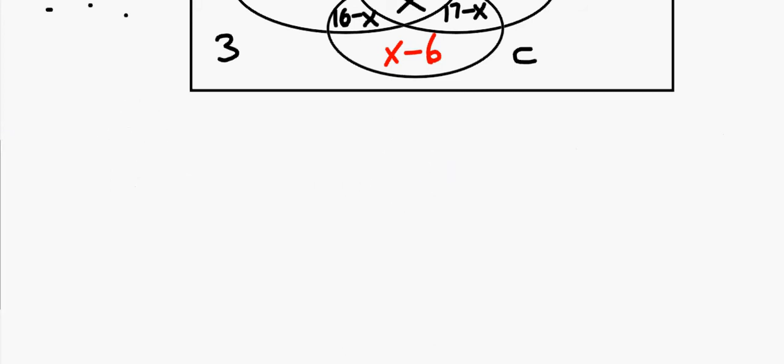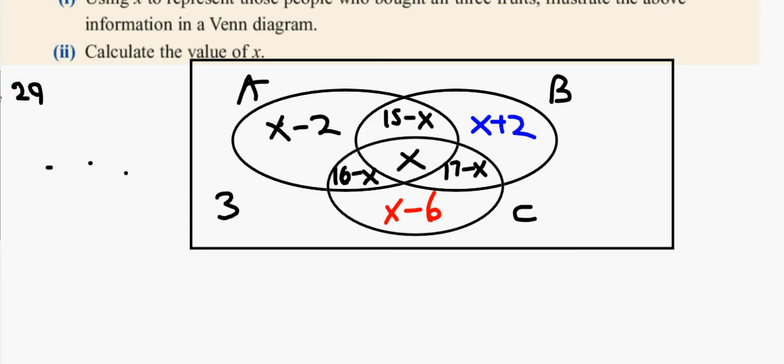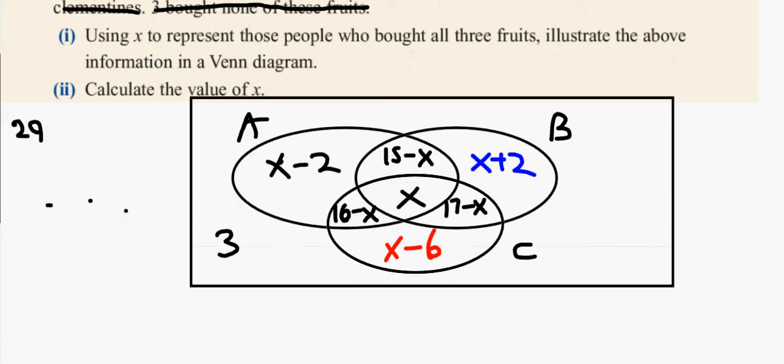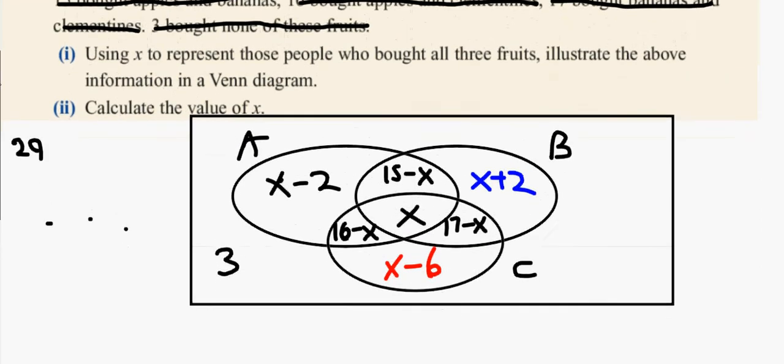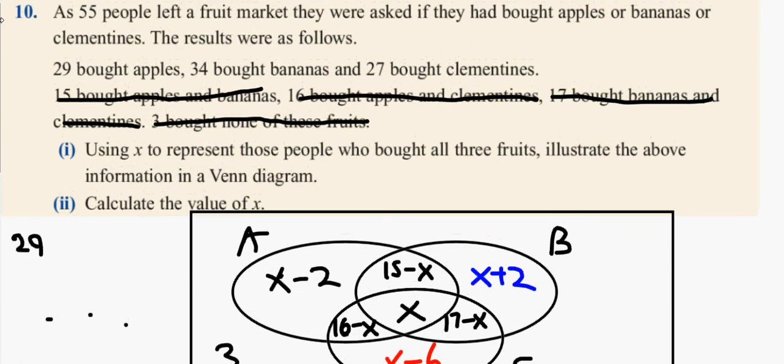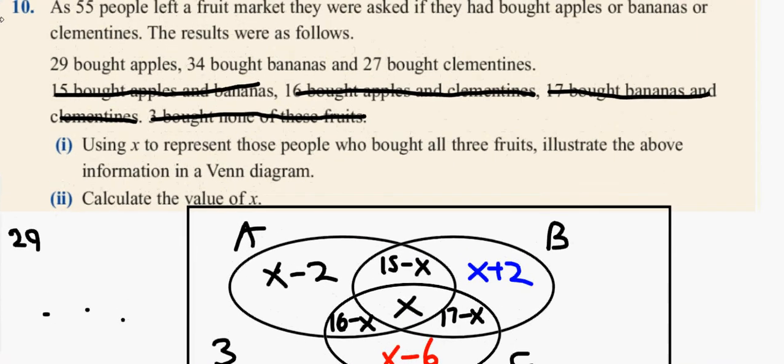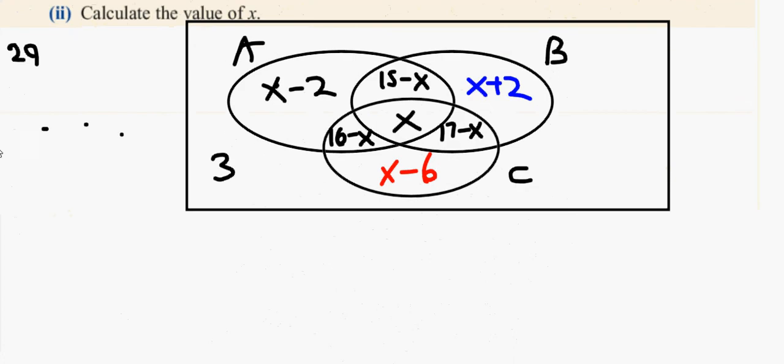Guys, what we're going to do next is calculate the value of x. Alright, what does it all add up to? Has to all add up to 55. So this is not going to be fun. Now, you're best to write it out because writing it out gets you marks, okay?